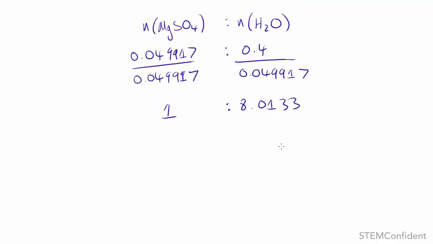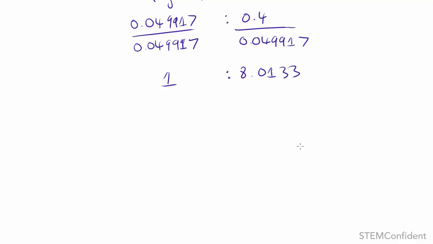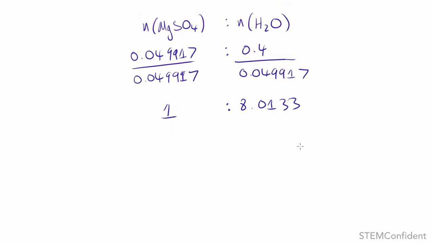Now what I want on both sides is integer values. We've got 1 on this side, so if we round the 8.0133 to the closest integer value, this is a ratio of 1 to approximately 8, and therefore we can say that x is equal to 8.